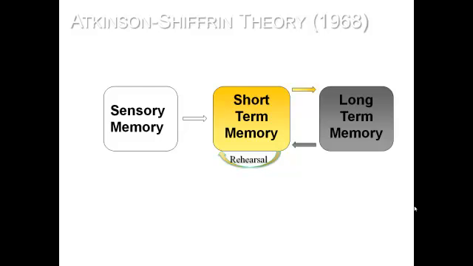And again, as I was saying, rehearsal, repeating the information over and over again, processing it over and over again in your short-term memory will keep it there in case you want to either use it right away or move it into your long-term memory to use later.